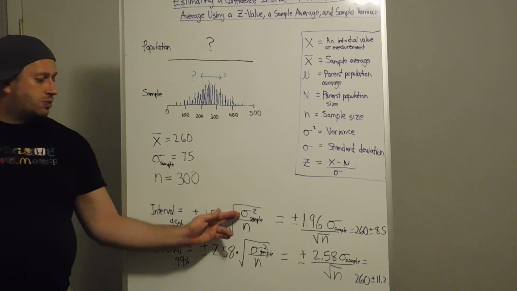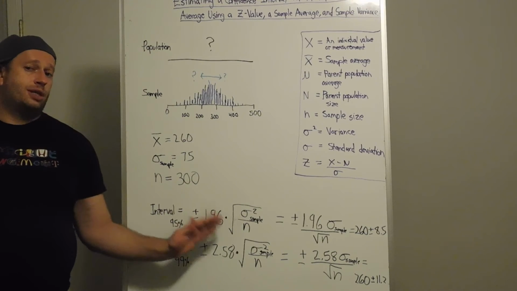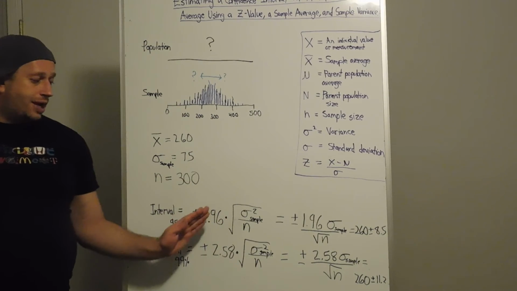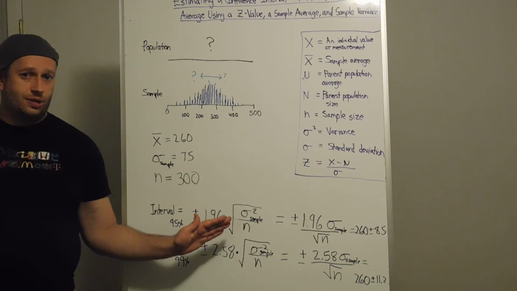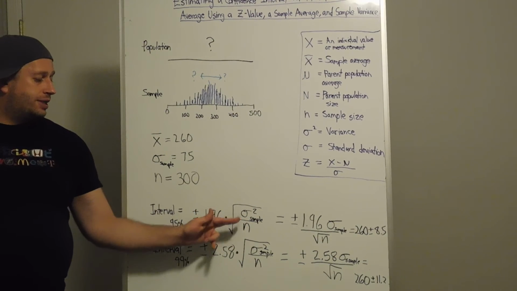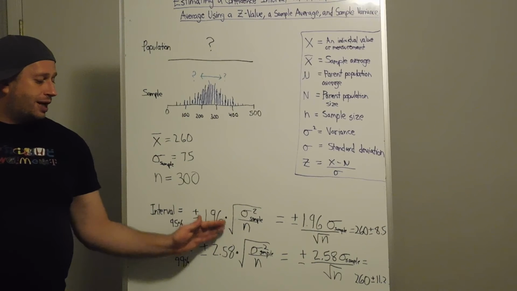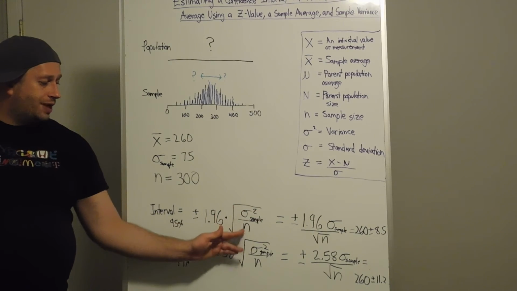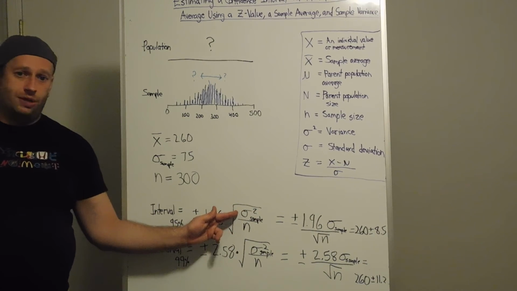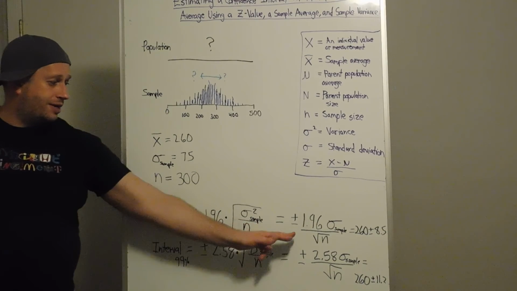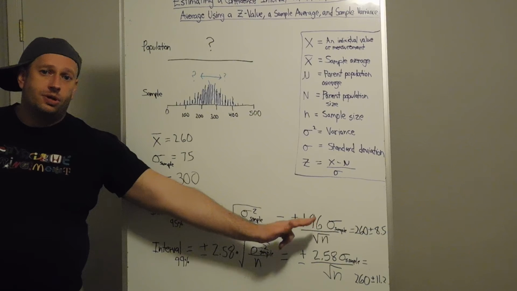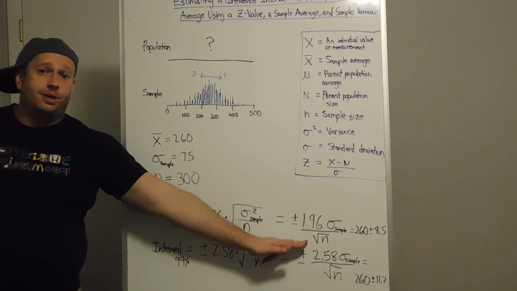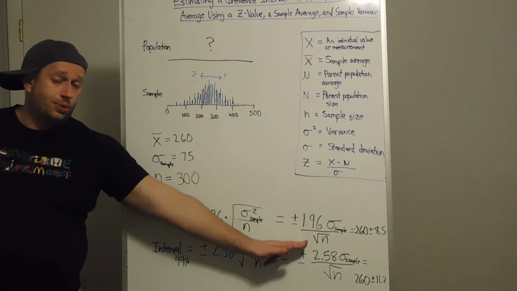The standard error is actually the square root of the variance divided by n. To get the standard error though, we need to take the square root of n, and also we want this in standard deviation form. So when we do that, we end up with 1.96 times the sample standard deviation divided by the square root of the sample number.